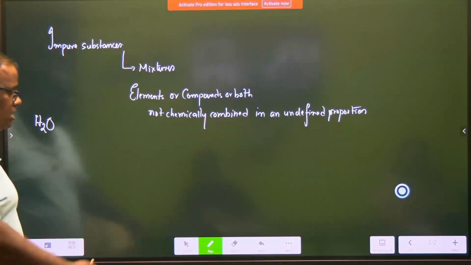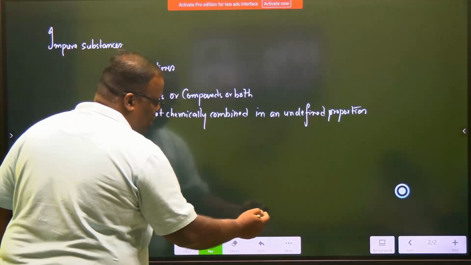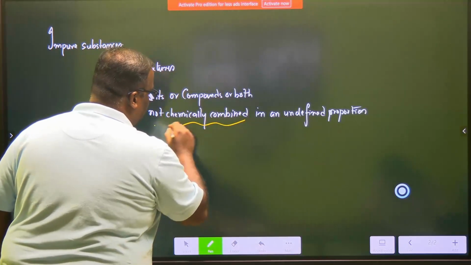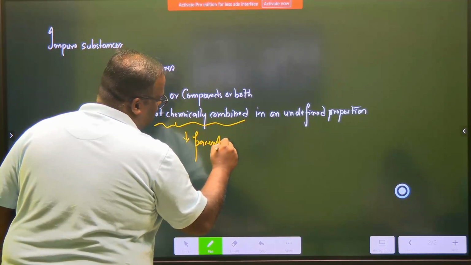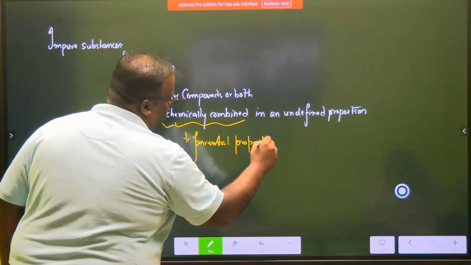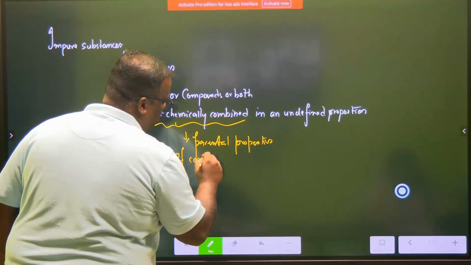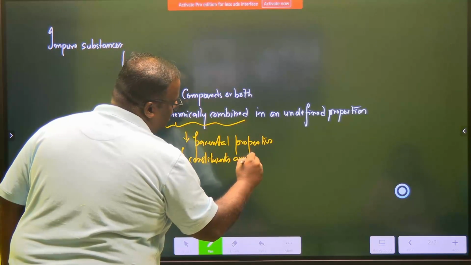And since it is not chemically combined, as we discussed the other day, the parental properties of constituents are retained.